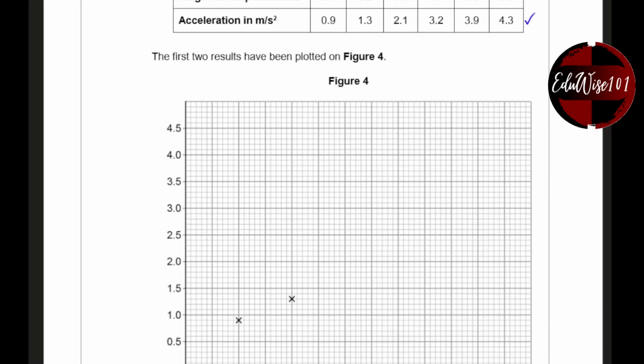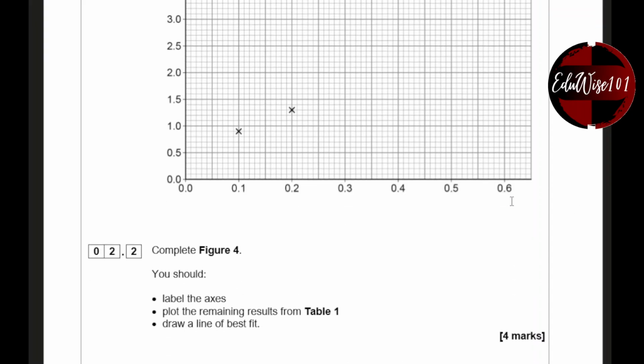So here you can see the x-axis is going from 0 to 0.6. So 0 to 0.6 is actually the height of the ramp. So this would be the height of ramp, that's in meters.